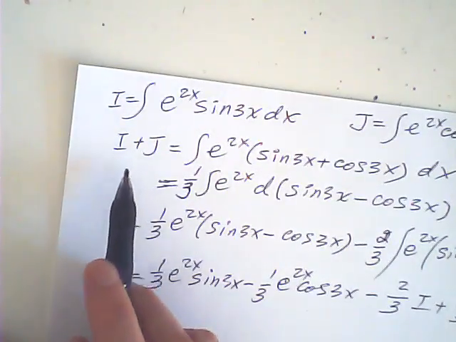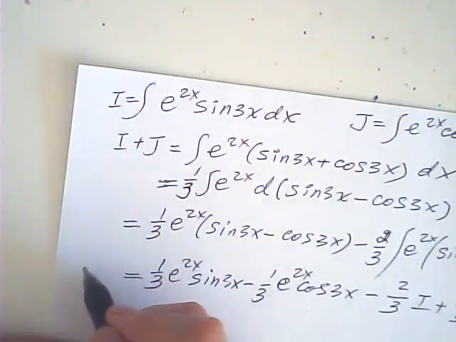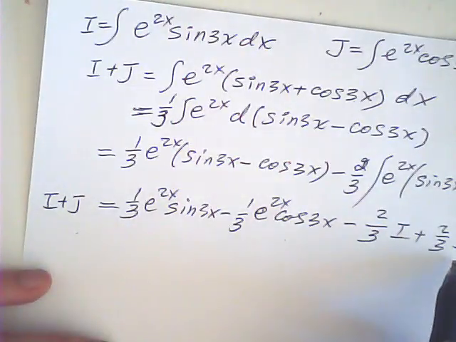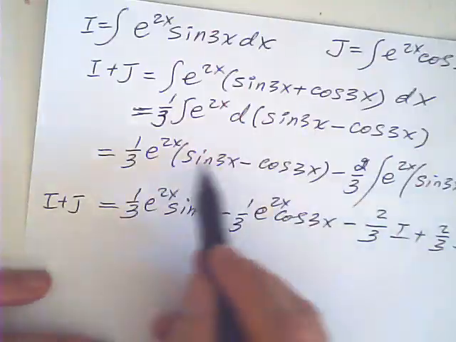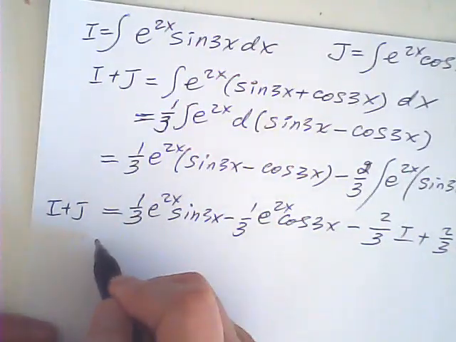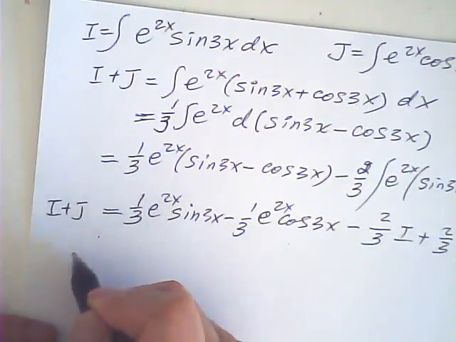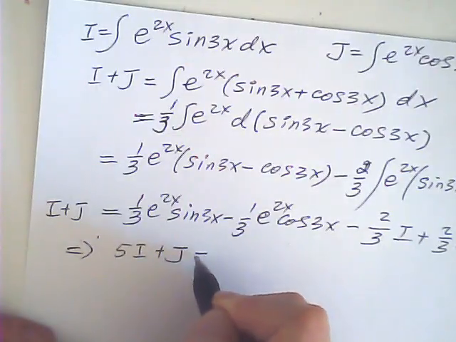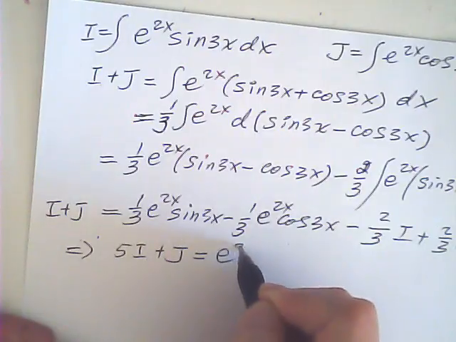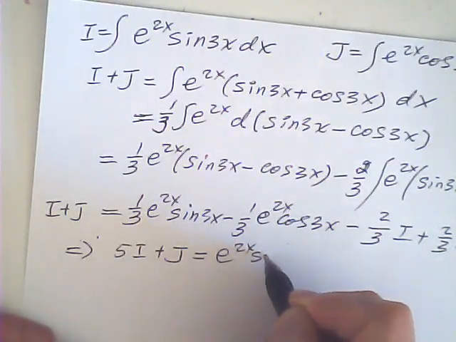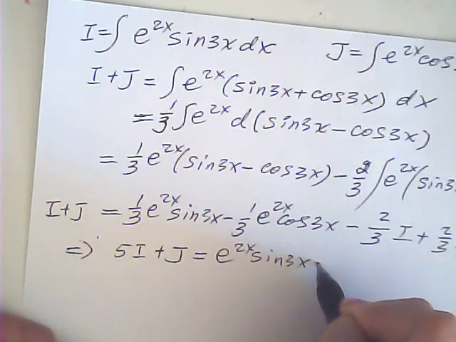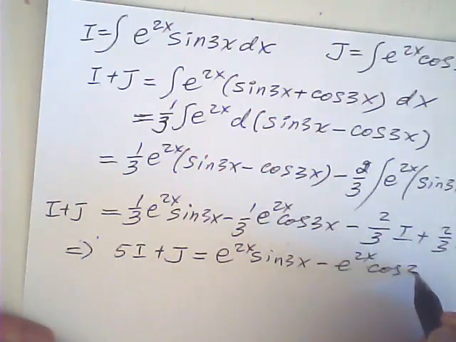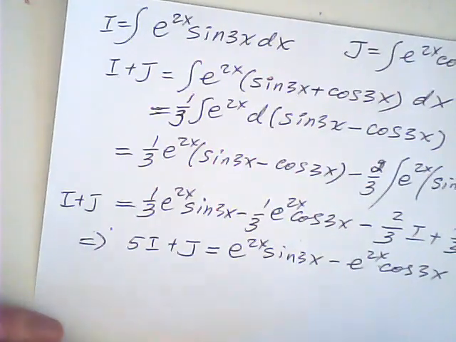Then this side is I plus J, right? Then I multiply by 3 and move I, J over there. Well, I get 5I plus J is equal to e to the 2x sine 3x minus e to the 2x cosine 3x. Yeah, good.